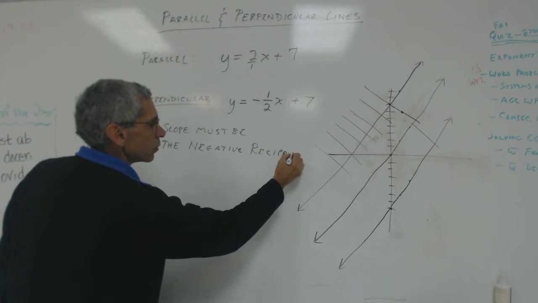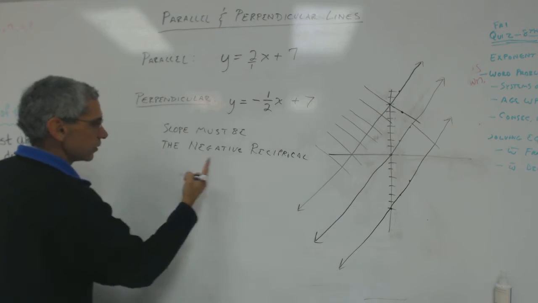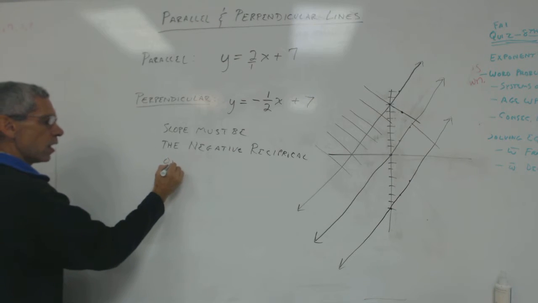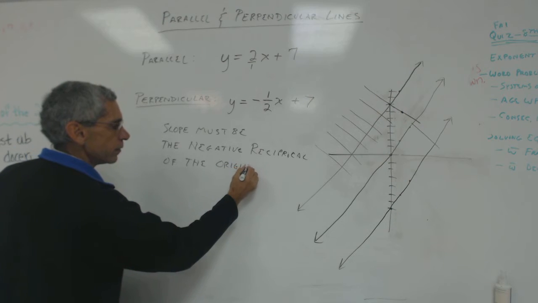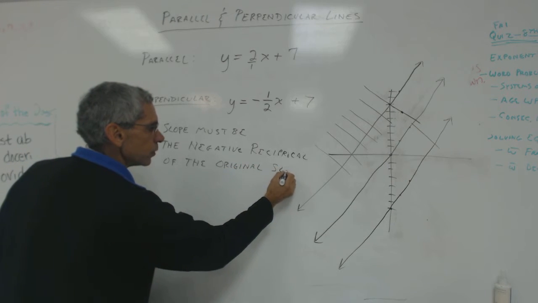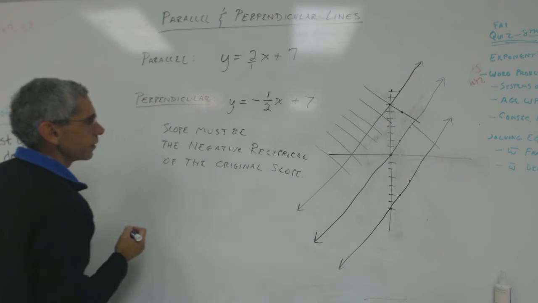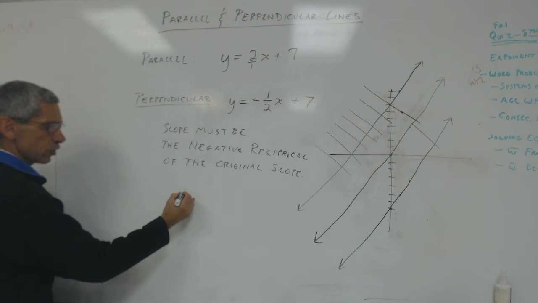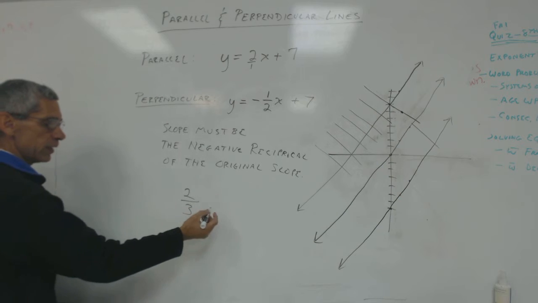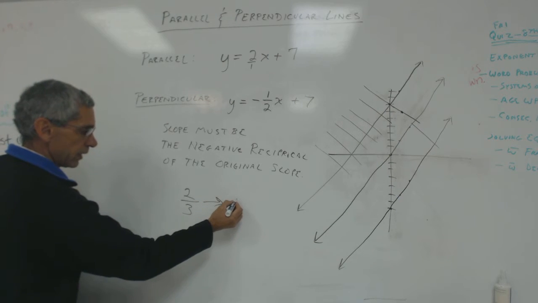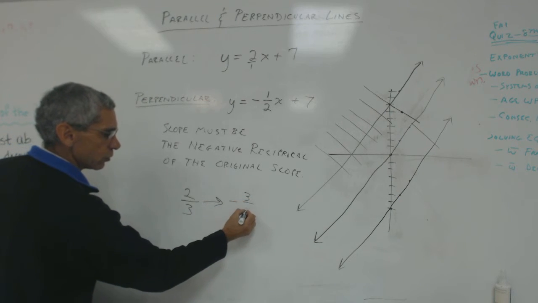Wait, does it have to be negative? Well, no, hang on just a second. The negative reciprocal of the original slope, right? So let's think about what that means. If the slope was 2/3, then the perpendicular would be -3/2.